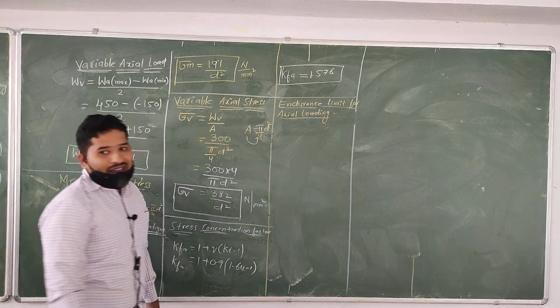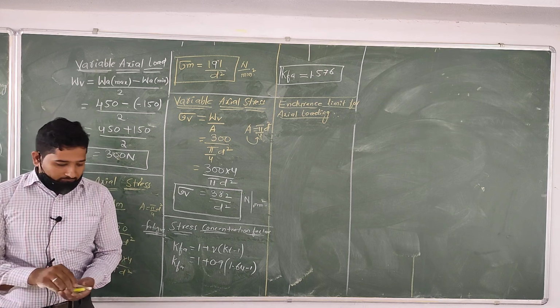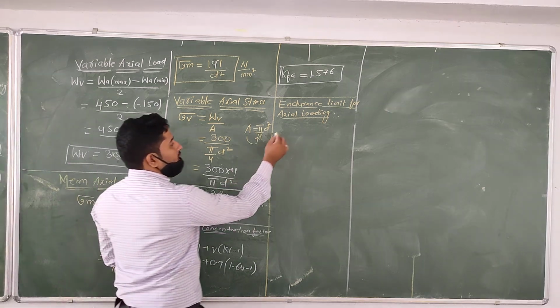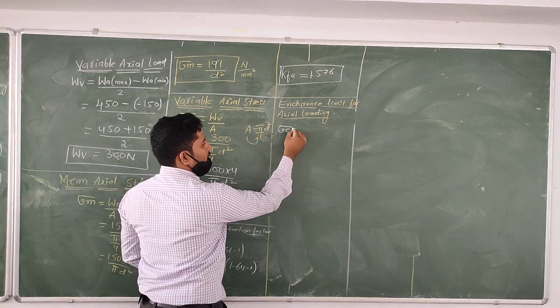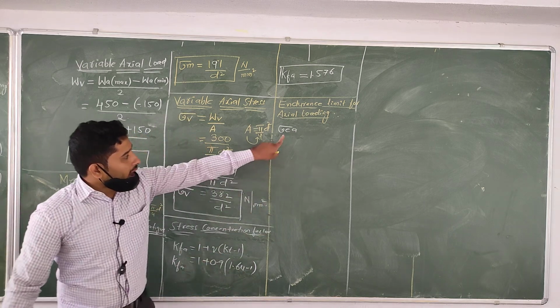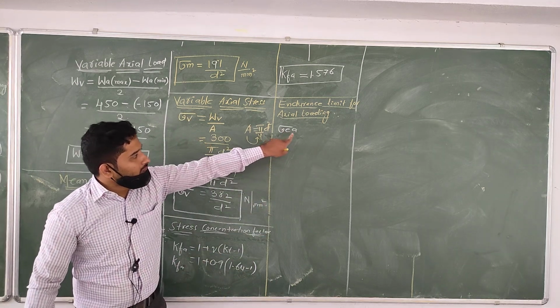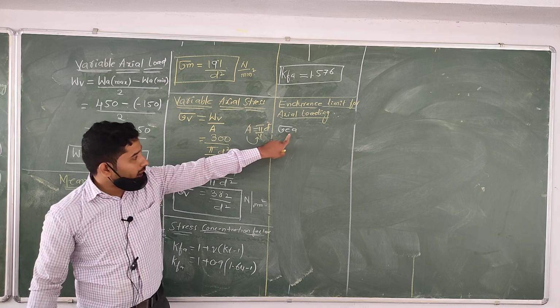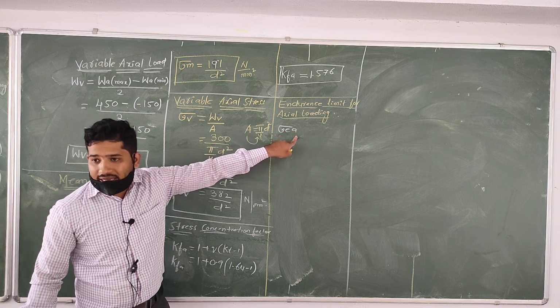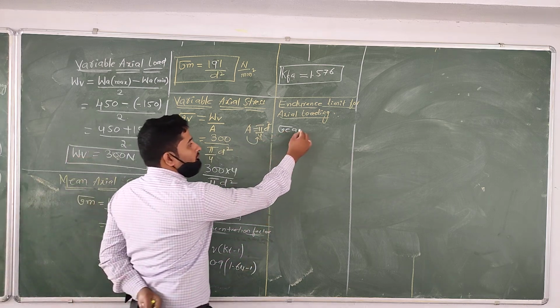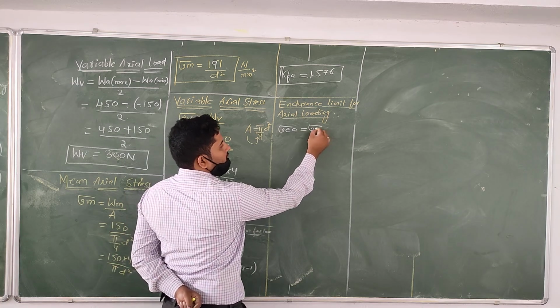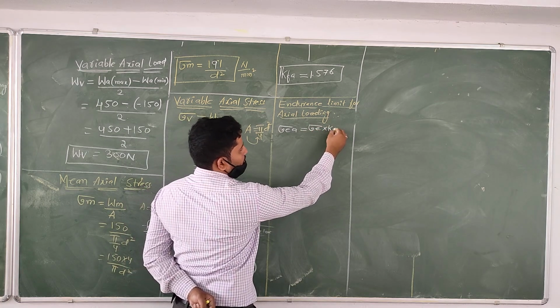So for the endurance limit formula, we know very well which formula we have to use here, sigma EA. So endurance limit in the axial should be equal to sigma E into Ka.